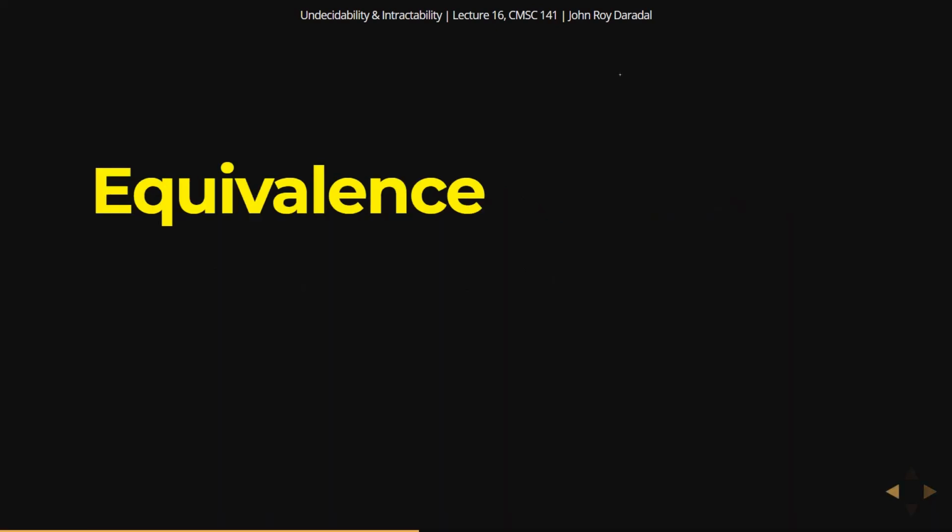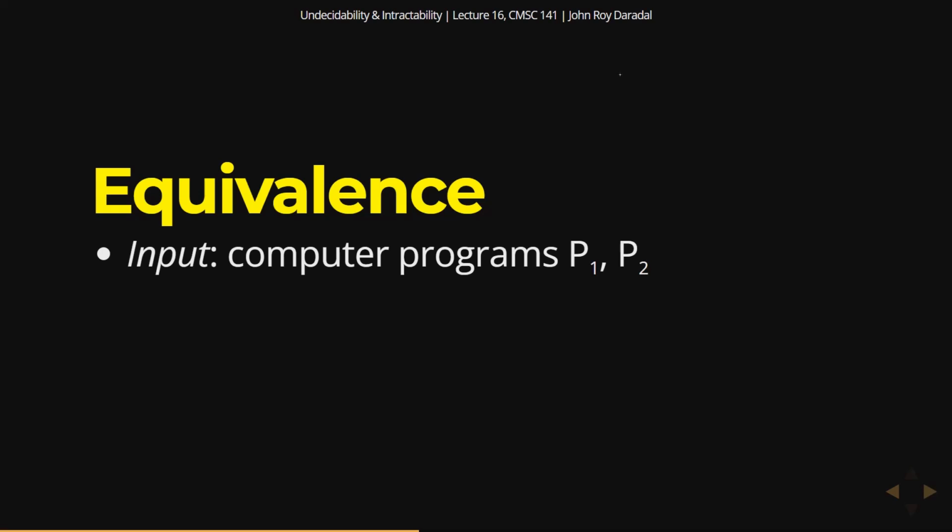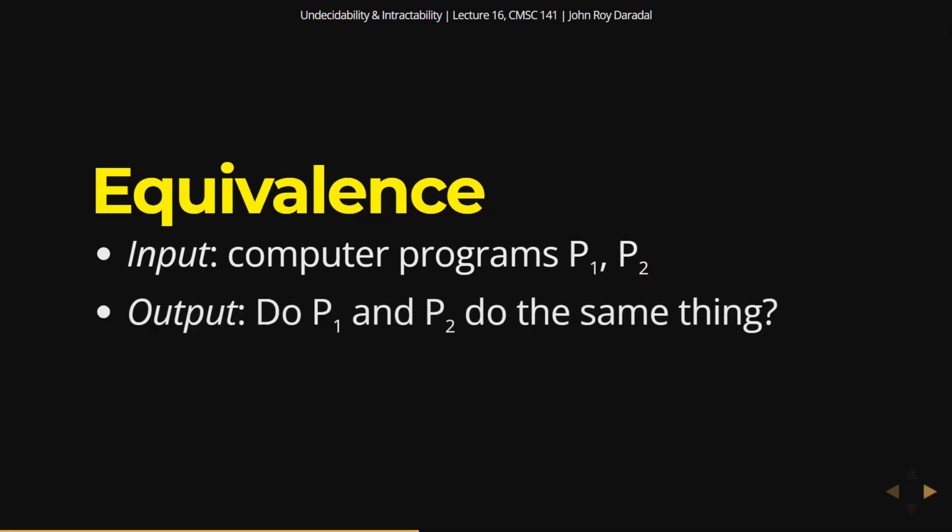Next is equivalence. This is also undecidable. Given two computer programs, P1 and P2, do they do the same thing? This is also undecidable. If there was an algorithm that exists for equivalence, it would have been very helpful, especially for testing, right?